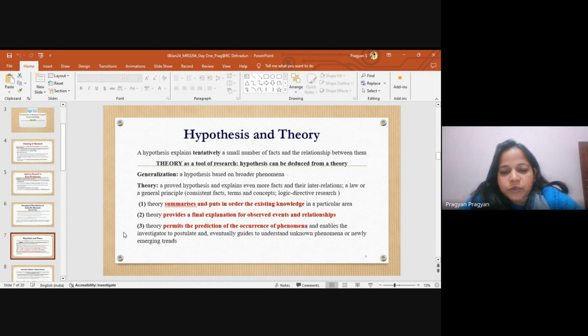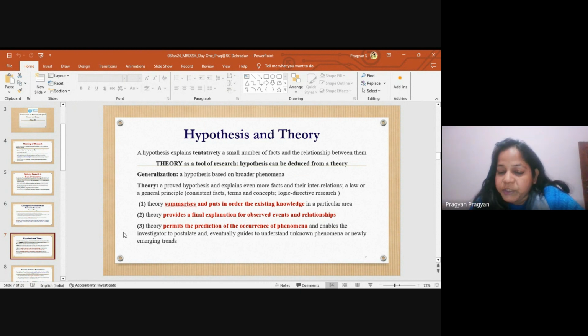Then the third most important point is theory permits the prediction of the occurrence of phenomena. It is very important. Why do we every time try to locate the findings and conclusions of a particular study in general and in rural development? So that we can understand the dynamics or the organizing relationship of all those variables, so that we can predict the occurrence of phenomena.